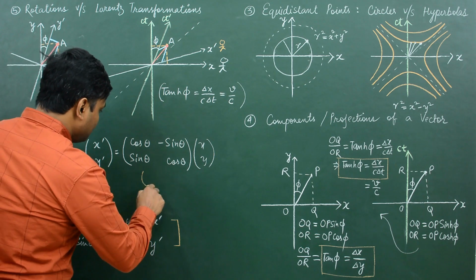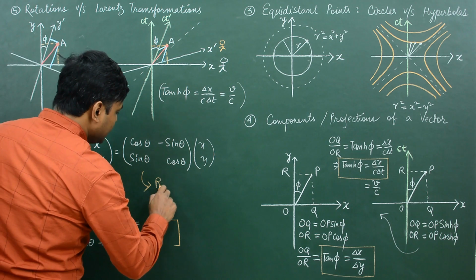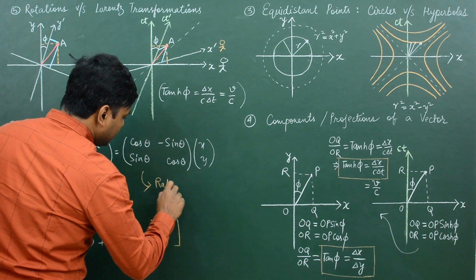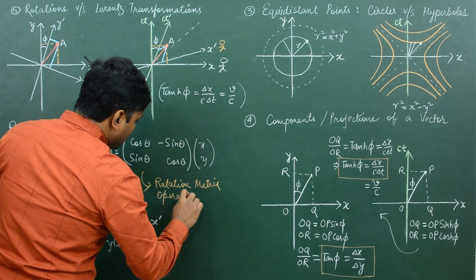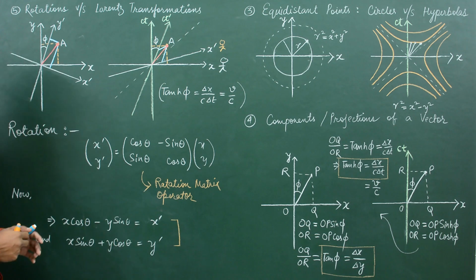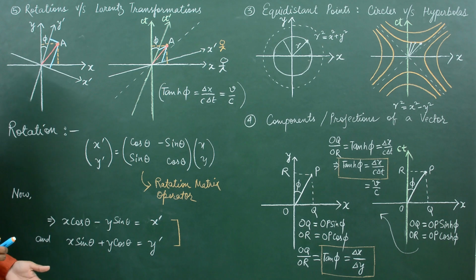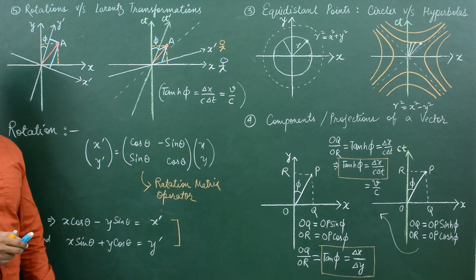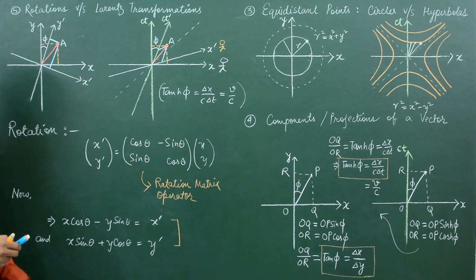In fact, this matrix is the rotation matrix or the rotation operator. Performing this rotation operator onto any given set of axes x and y leads us to a rotated frame of x and y axes, which is the x dash y dash axes.